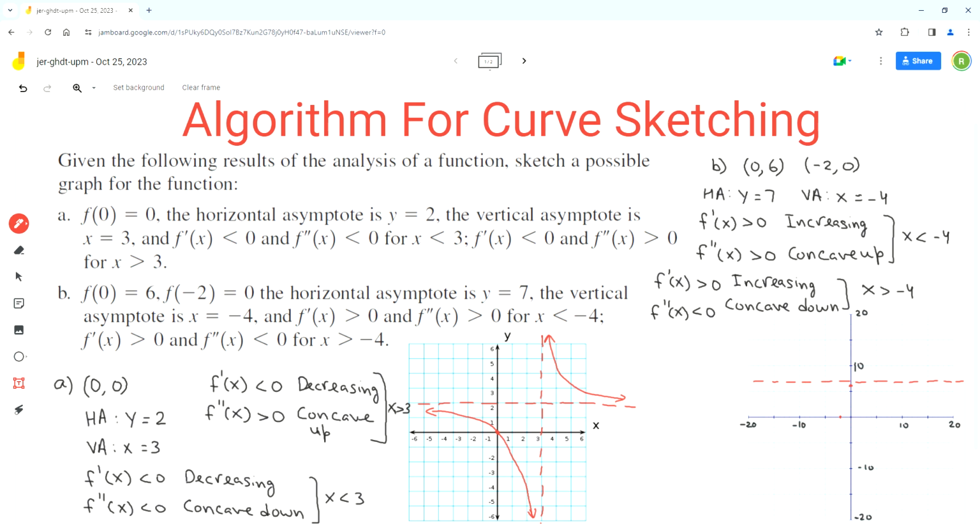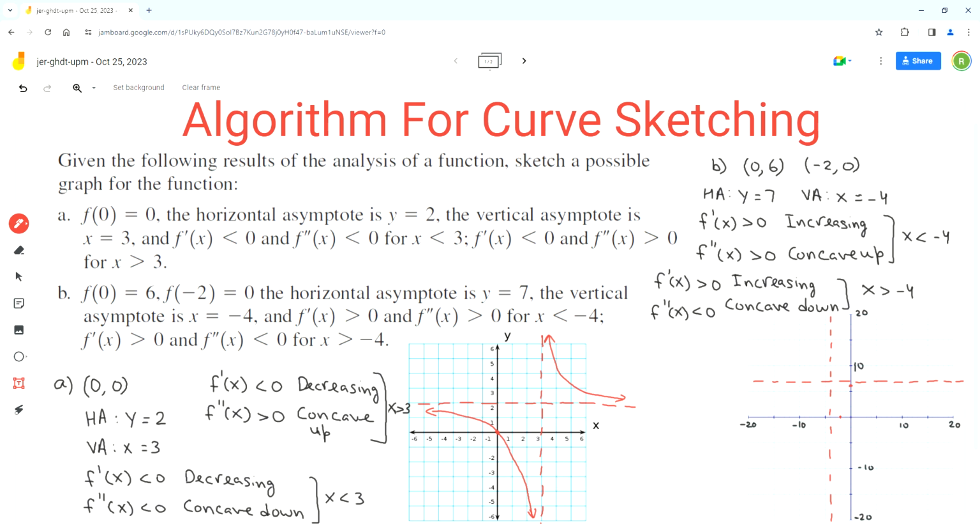And the vertical asymptote is at x equals negative 4. So that's here. Now we can sketch the function.